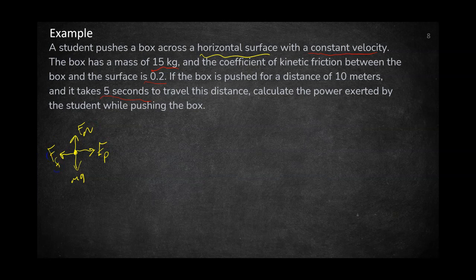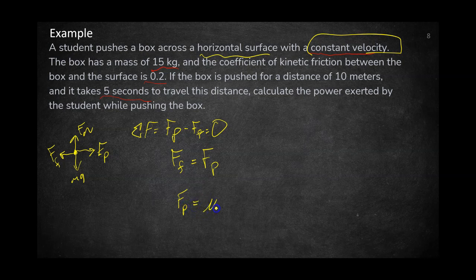We know those two are equal because there's a constant velocity. So we can say the stuff that makes it go minus the stuff holding it back will equal 0. Or our frictional force equals our push force. So that means our push force equals mu times our normal force, which is m times g.